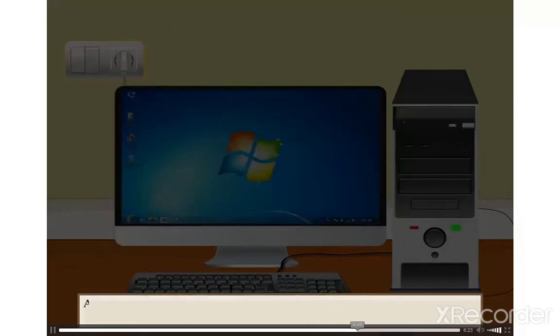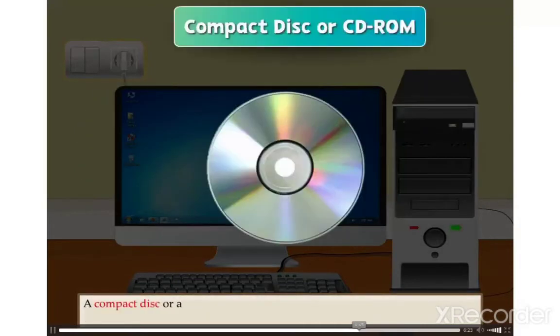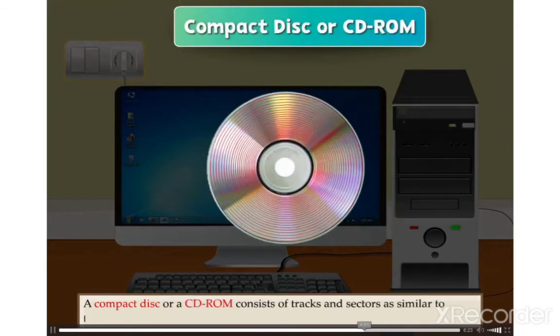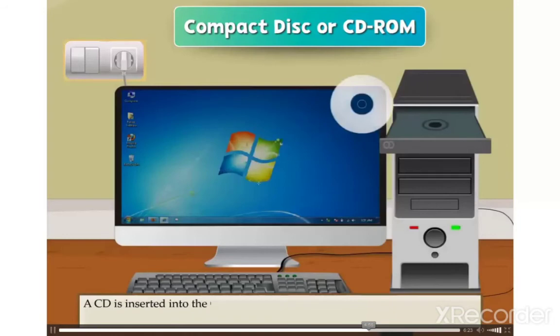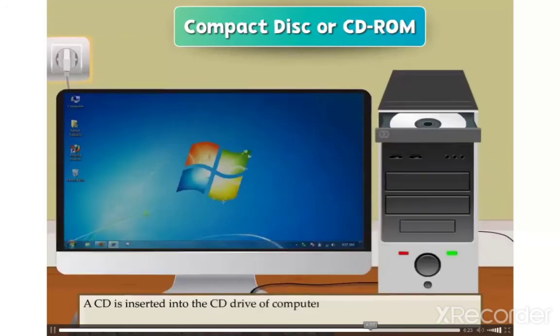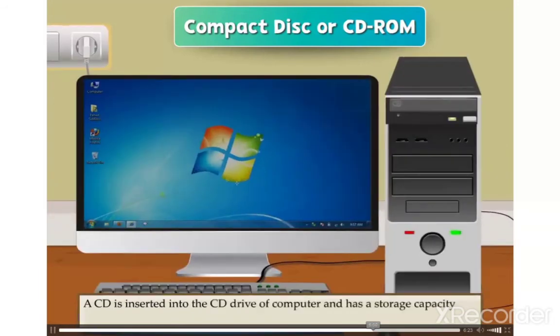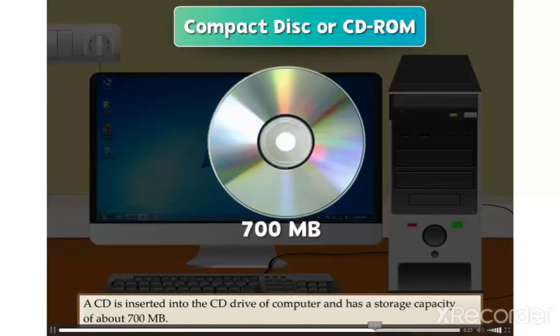A compact disc or a CD-ROM consists of tracks and sectors similar to the hard disks. A CD is inserted into the CD drive of the computer and has a storage capacity of about 700 MB.